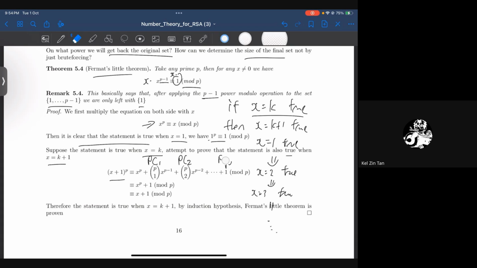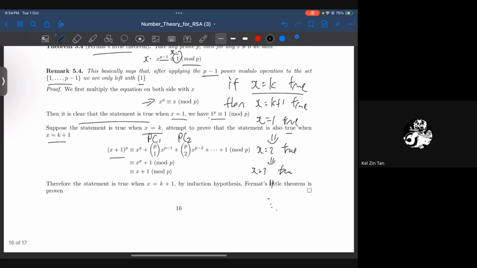Yeah, this is correct. So we just expand out the binomial equation. So this will be p choose 1, and then this will be p choose 2.